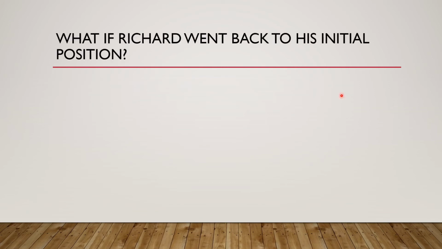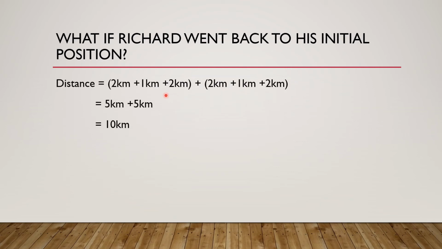Okay? Next. So let us look at this one. What if Richard went back to his initial position? Paano kaya? Halimbawa, nakauwi na siya sa bahay, gusto niyang bumalik doon sa pinanggalingan niya. Magkakaroon kayo ng pagkakaiba ang kanyang displacement at ang kanyang distance. Okay, tingnan natin. Now, dahil bumalik siya, ibig sabihin, mag-a-add pa ulit tayo sa distance ng panibago.